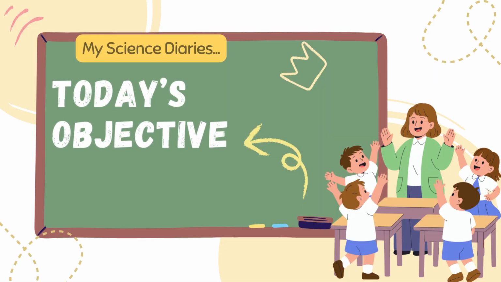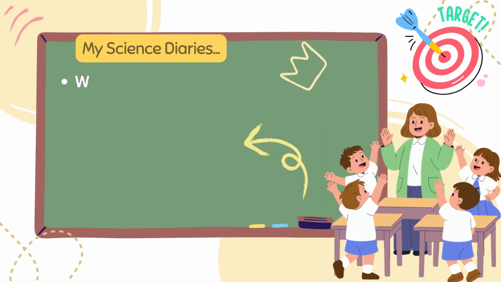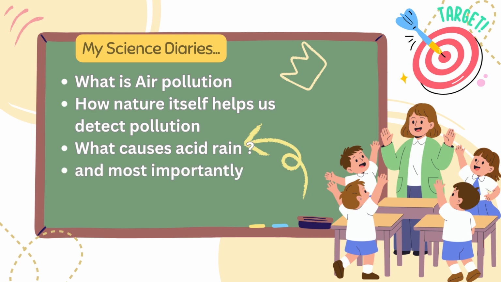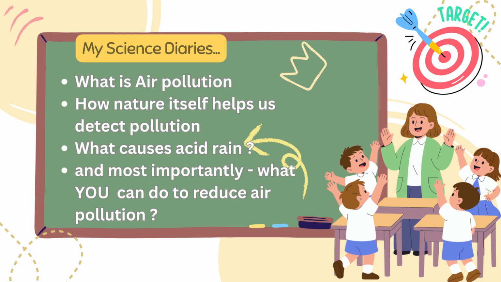In this lesson, you will learn what air pollution really is, how nature itself helps us detect pollution, what causes acid rain, and most importantly, what you can do to reduce pollution. So stay till the end because this chapter is not boring at all.